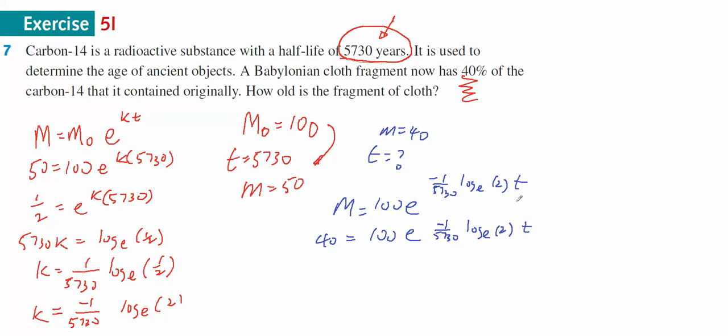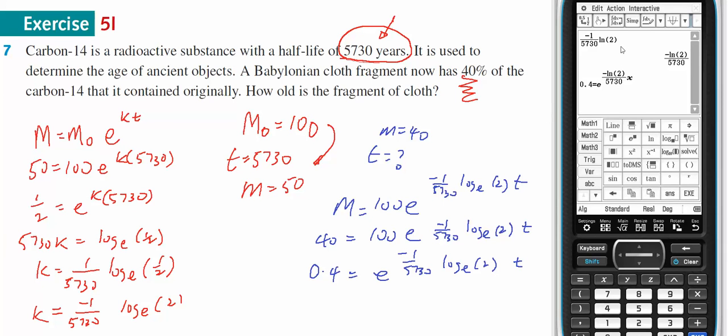Sorry, there's a t there. So 0.4 equals e to the minus 1 on 5730 log base e of 2 t. And I'm going to use a calculator to solve that.